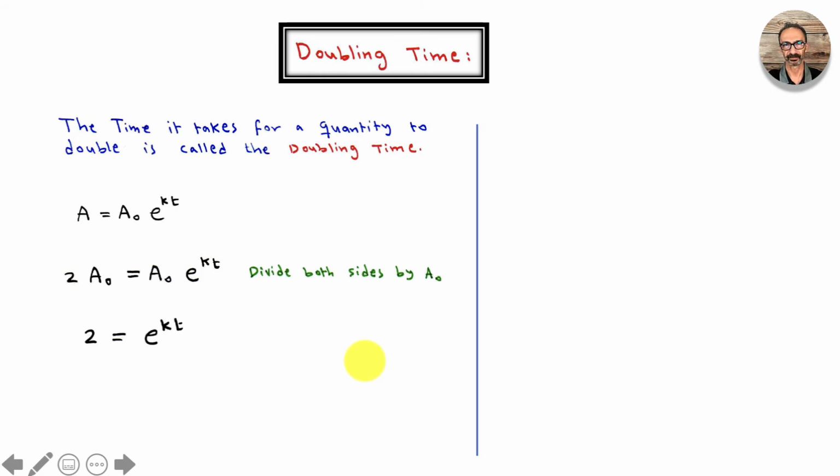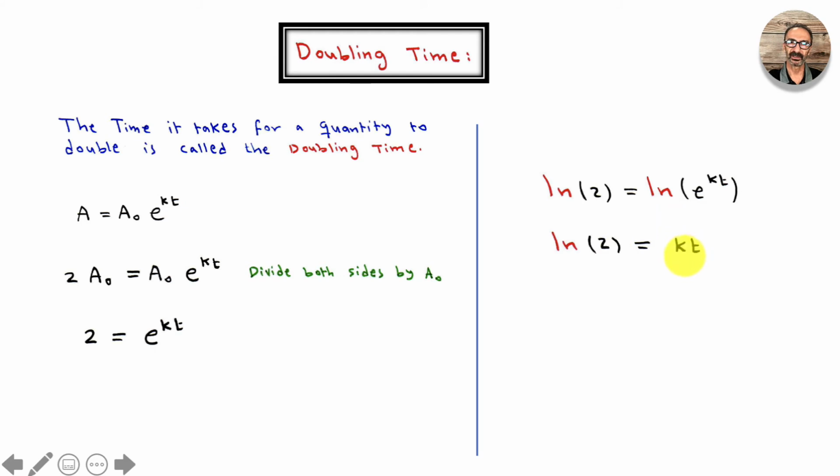Same process. To solve, I'm going to apply ln to both sides. We're going to bring kt to the front and cancel ln and e and write on the right side just kt.